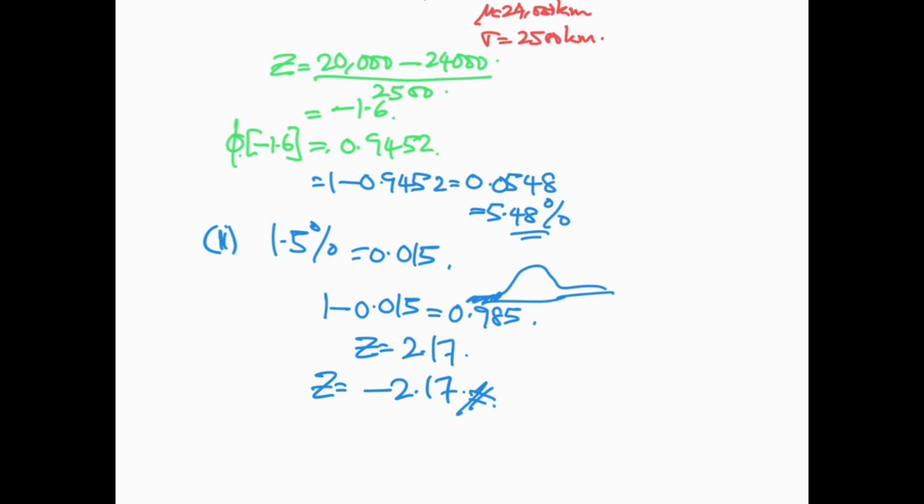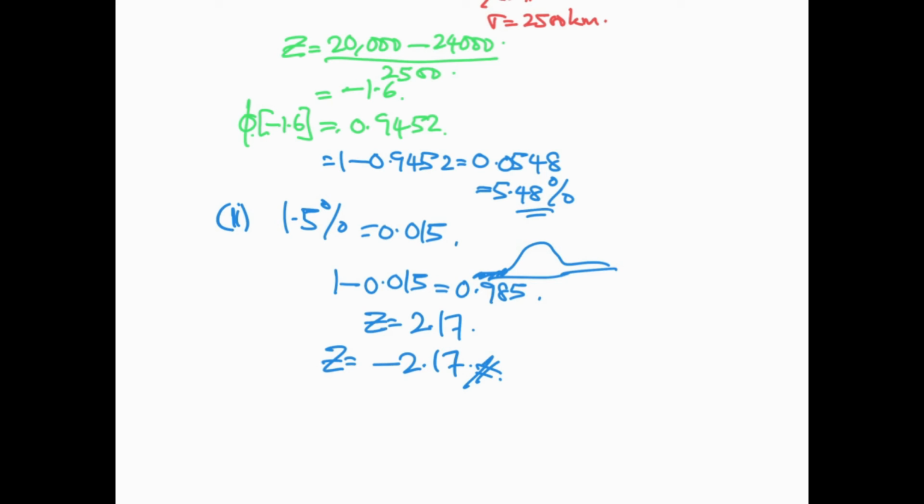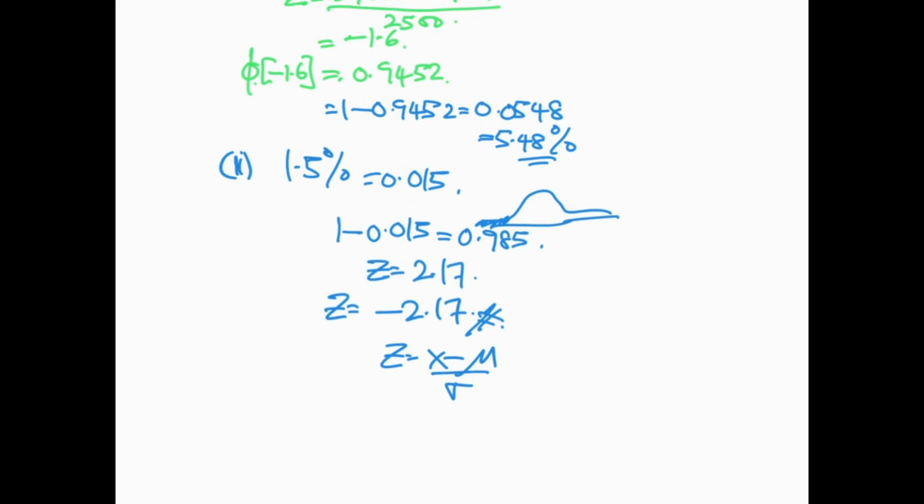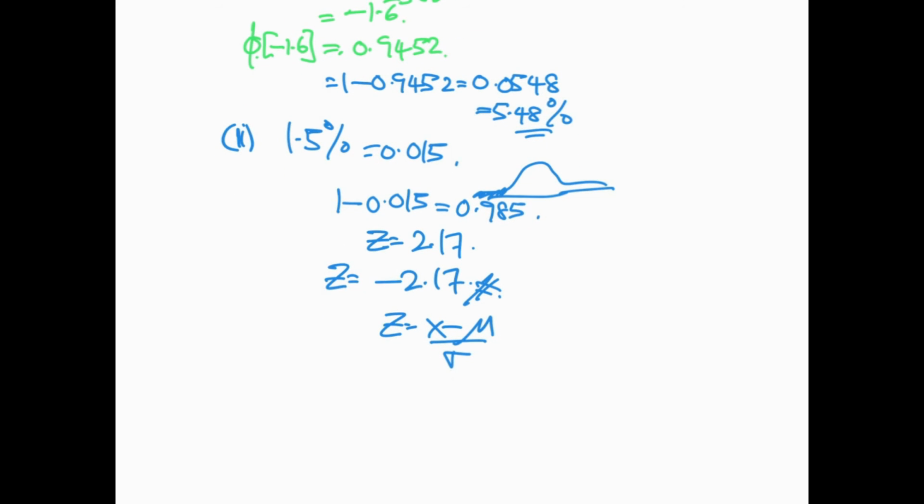Once you've got your z score, you can sub this into your formula and find mu. So z equals x minus mu over standard deviation, and z here is negative 2.17 equals x, which is 20,000, that doesn't change, minus mu over 2,500.